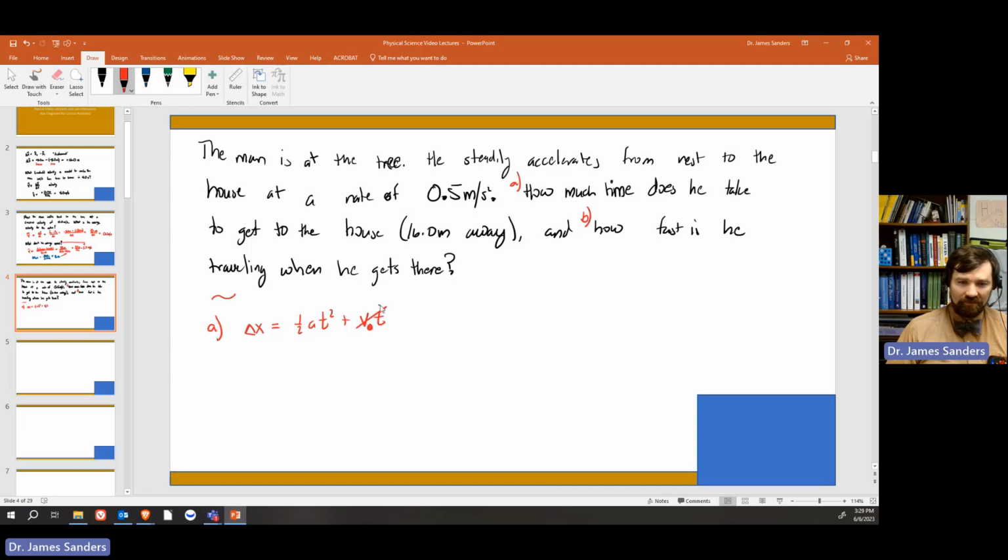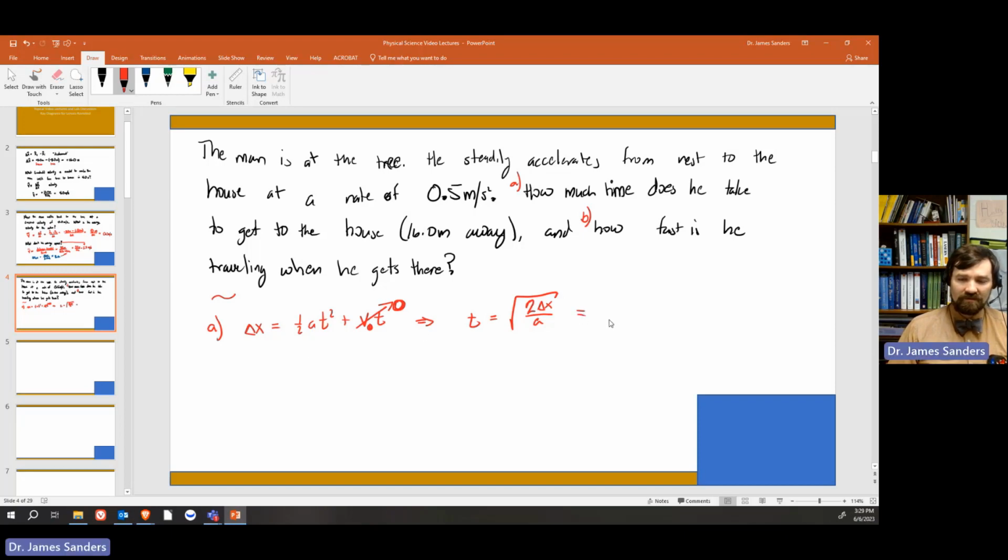Now he's initially at rest, so this second term is 0. It follows that the time needed is, multiplying both sides by 2 and dividing both sides by a, the time squared is going to be 2 delta x over a. So to get the time, I have to take a square root.